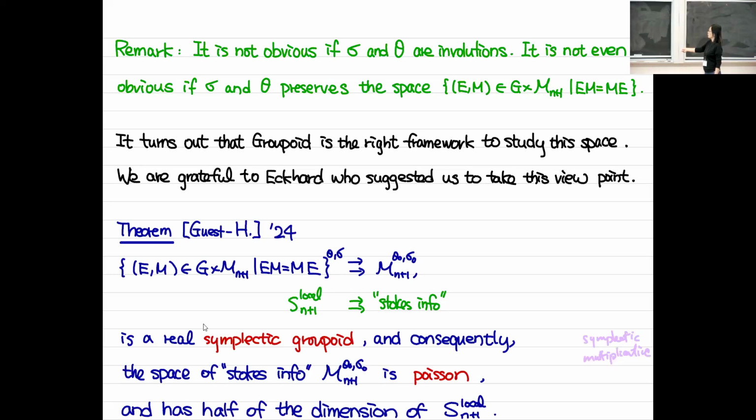We will see why it is real, but it's a real symplectic groupoid, which means that this space has a symplectic structure. And consequently, because it's a symplectic groupoid, the base, the unit, is Poisson, and the dimension is just half. So you have these nice relations and the geometry that you can see.